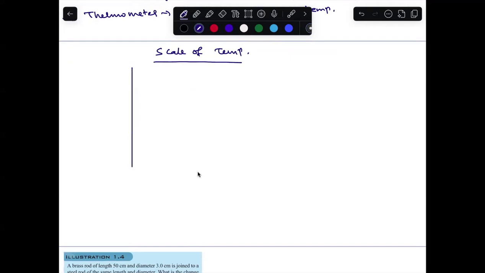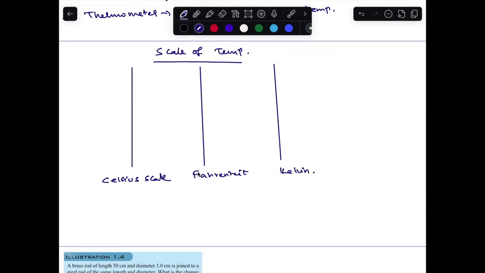You will have three different types of scales. One is the famous one which we know, the Celsius scale. The other is Fahrenheit. The other is the Kelvin scale.